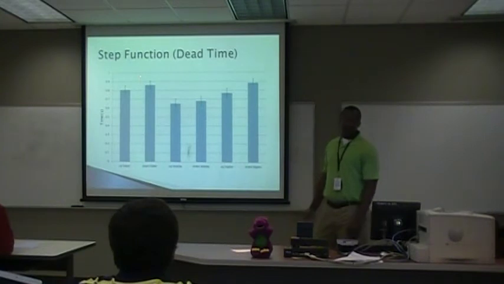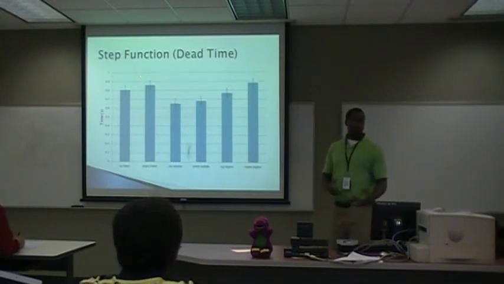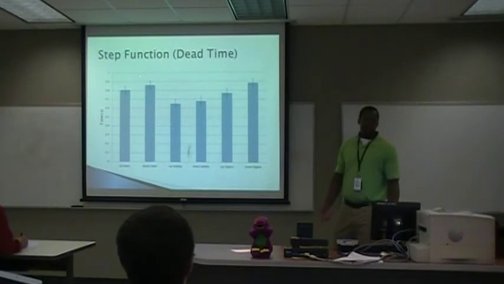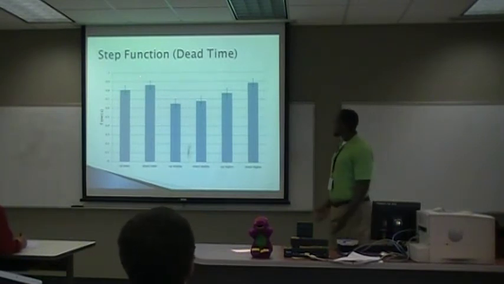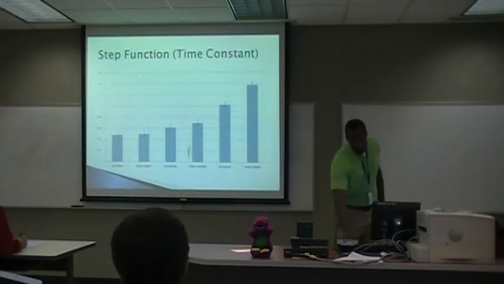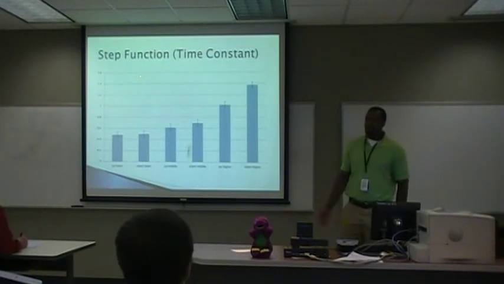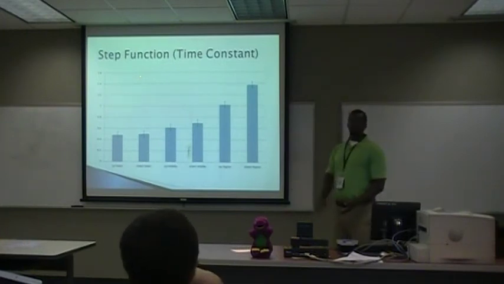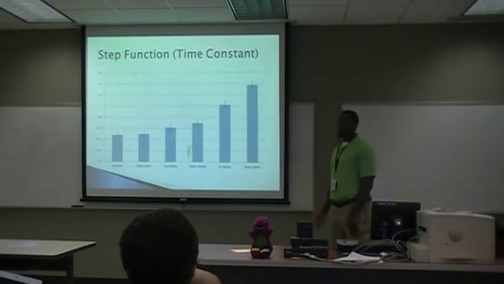As far as the dead time goes, dead time being the delay that it takes for the system to actually respond to the user input, they stayed relatively about the same, ranging from around 0.65 to almost 0.9. The time constant, as you increase your levels of input, the time constant increased. This is what we found in our system.